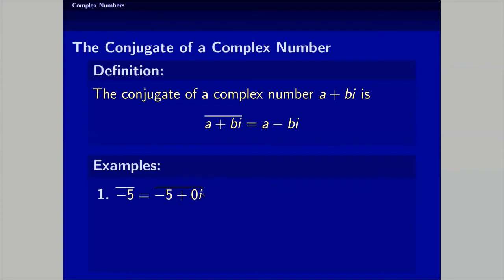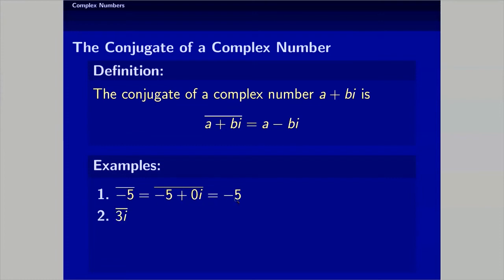How do you get the conjugate? You change the sign of the imaginary part. So if it's plus, you make it minus. But what is minus 0? It doesn't matter, right? So the conjugate of negative 5 is simply negative 5 still. Because even if I make it minus 0, it's still 0. So it's like negative 5 minus 0. So you have negative 5.